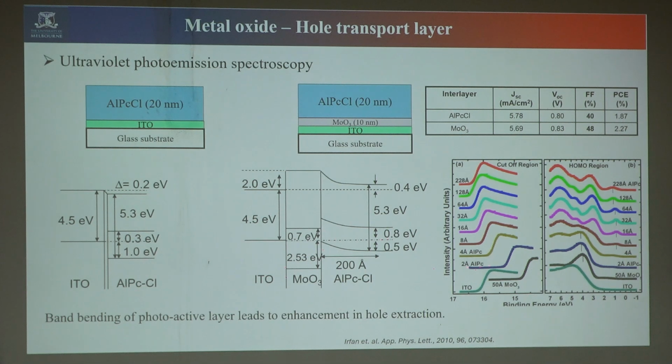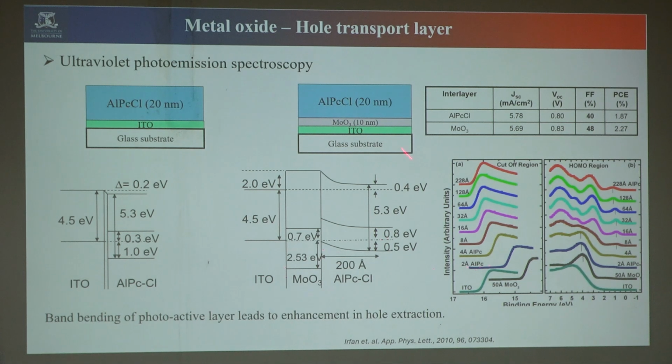In this UPS study, I think we have already gone through that item. You now understand very well what the cutoff region is and what the HOMO region is. If you see ITO, the secondary cutoff Fermi level is 6.1. When you have only the CuPc layer, the difference is very, very small. But when you put a moly oxide, you see how much shift there is: more than 1.2 eV shift in the work function itself.